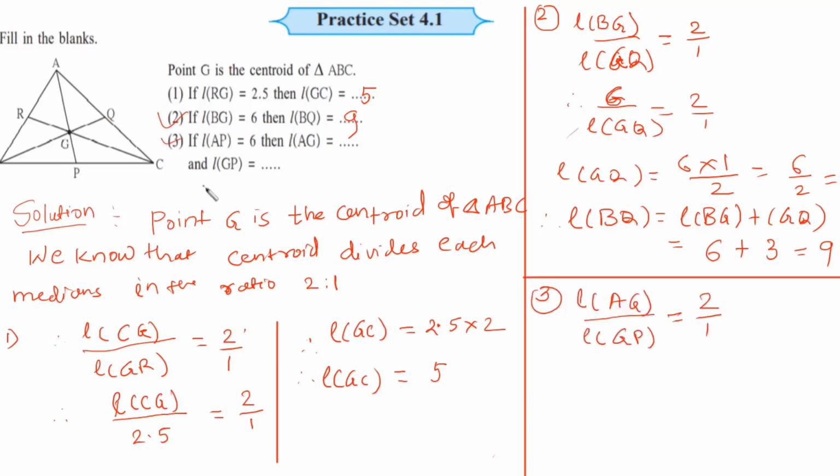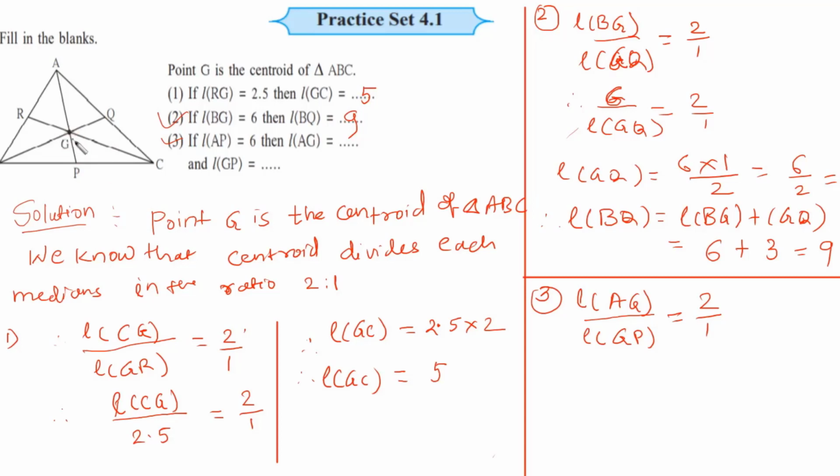Then third, if length AP is equal to 6, then find AG and GP. Here, segment AP is the median of the triangle ABC and G is the centroid.